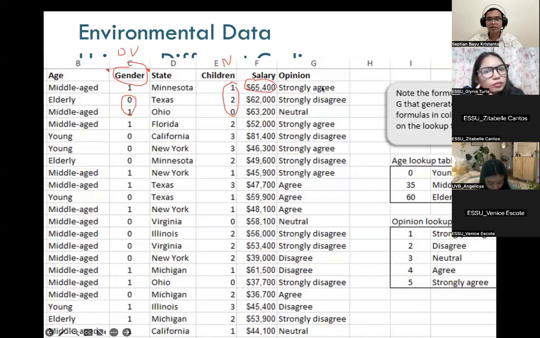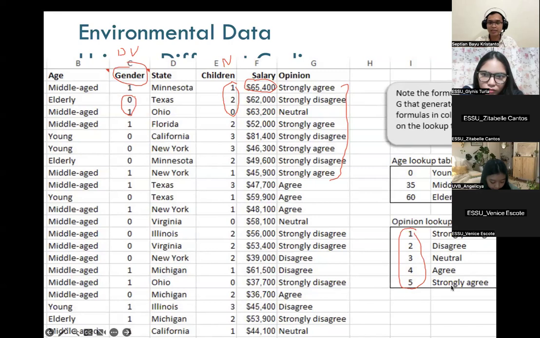But if you see this one, we have the opinion: strongly agree, strongly disagree, neutral, and maybe other options like disagree and agree. You can look at the numbers of opinions. 1 is strongly disagree and 5 is strongly agree. So this opinion is separated in order.